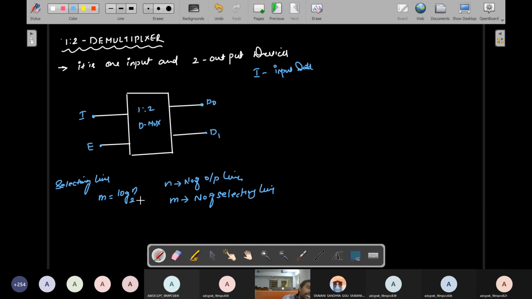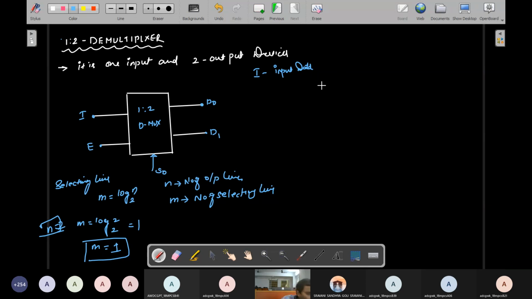Here n is equal to 2, so m is equal to 1. So we apply only one selecting line, S0. This is about the 1:2 demultiplexer.